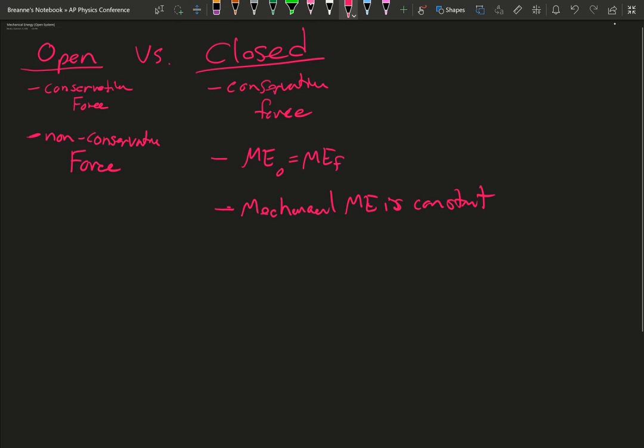For an open system, that is not true. Your equation looks like your mechanical energy plus whatever work is being done to the system equals your mechanical energy after. Your mechanical energy is not conserved because of this work aspect of it.